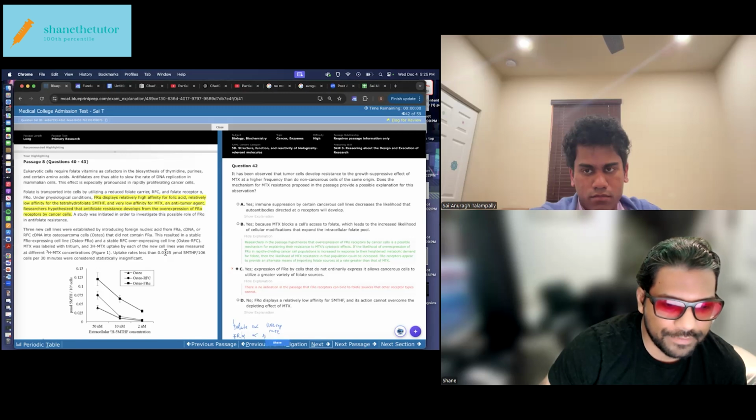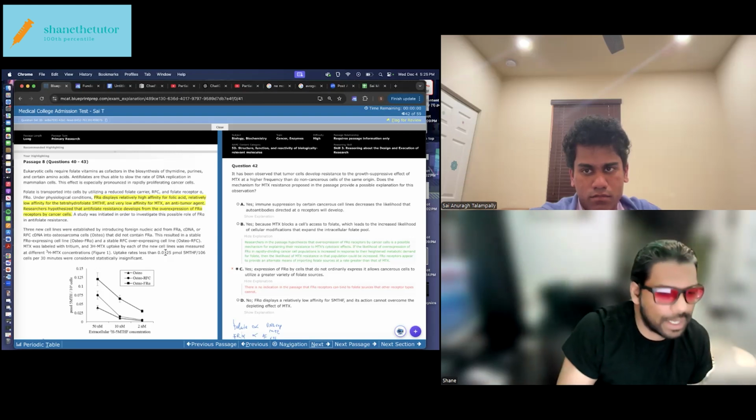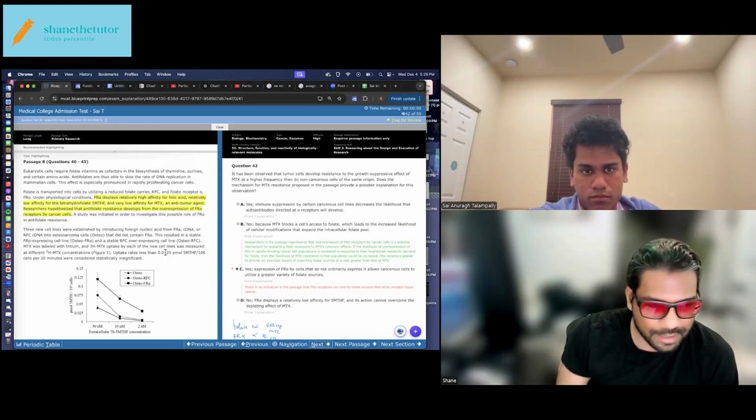I'm going to say AF to mean antifolate resistance, which I guess I don't have to write because it's just going to be the opposite of the folate thing.